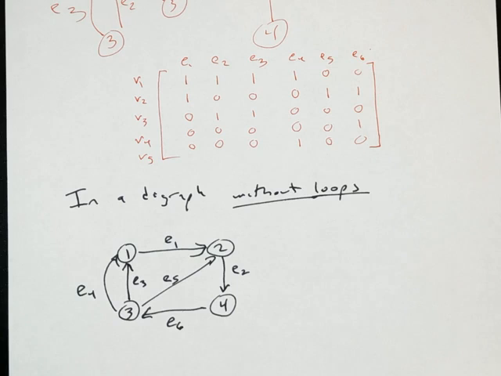If the edge comes out of vertex i, we get a -1. Goes into vertex i, we get a +1.